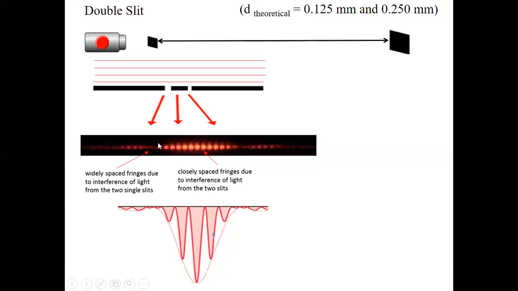Here, this is a minima and another minima over here. That is the central fringe, and this is the first fringe and the second fringe. That big pattern happens due to diffraction, while the closely spaced fringes are due to interference of light from the two slits.